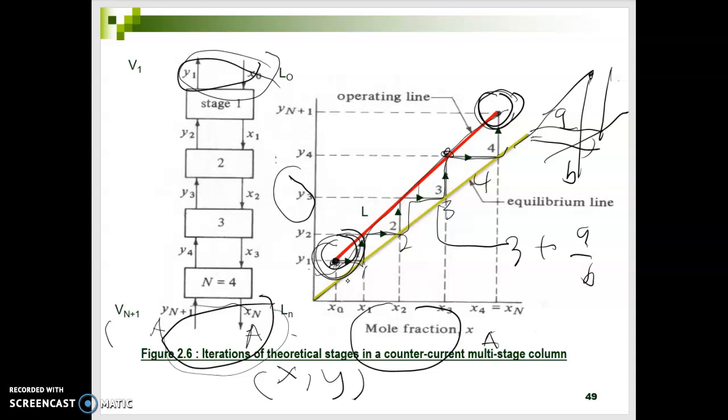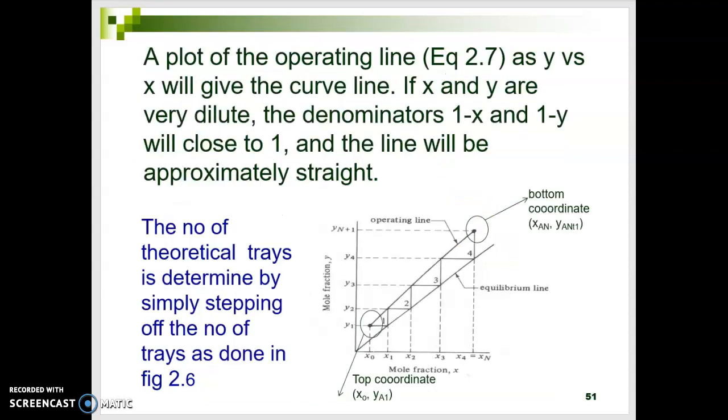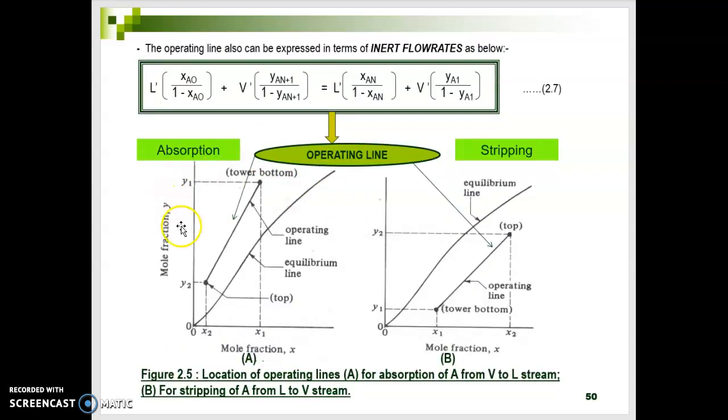So your A here and your B here. That's how you calculate the stages. The difference between the graph for absorption and stripping is that the equilibrium line is at the bottom for absorption and at the top for stripping. Usually we focus on the calculation of the trays for absorption.